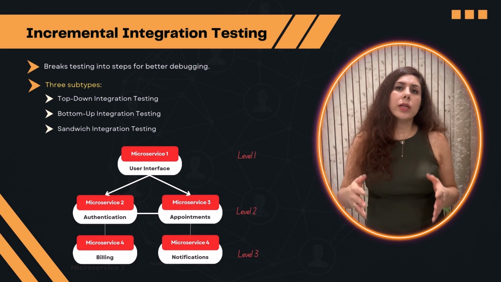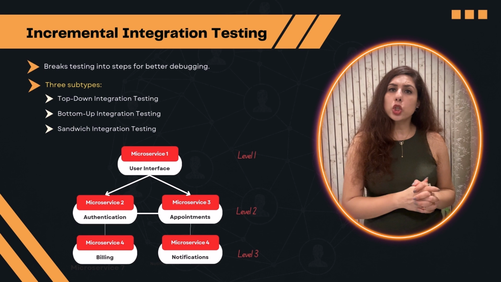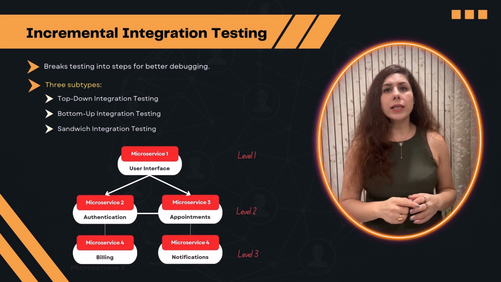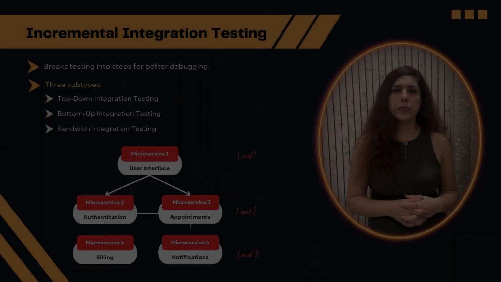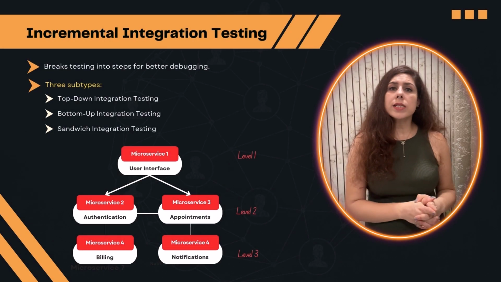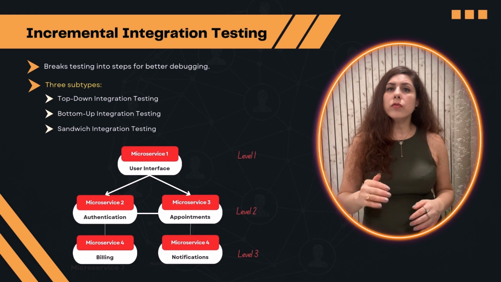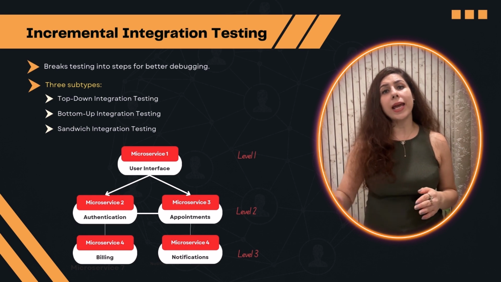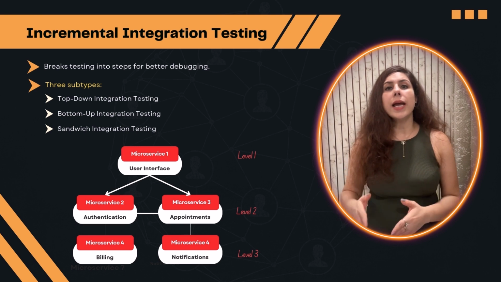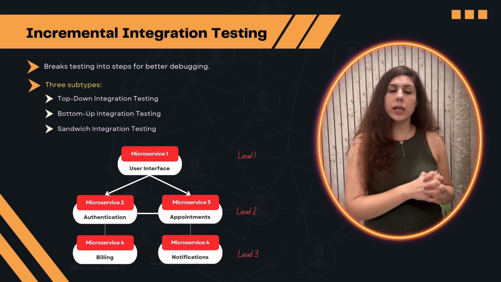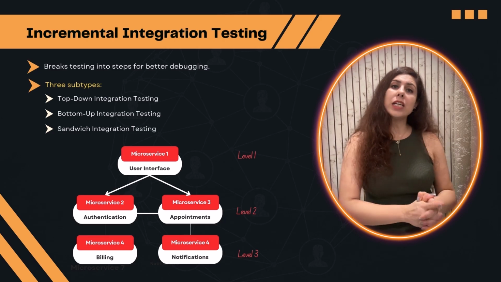There is also direct communication between the top UI service and the services at the third level or services at lower levels. Basically, services at level n-1 will communicate with the services at level n only. Now, based on this assumption, the next types of integration testing are designed. Let's look at each one of them.